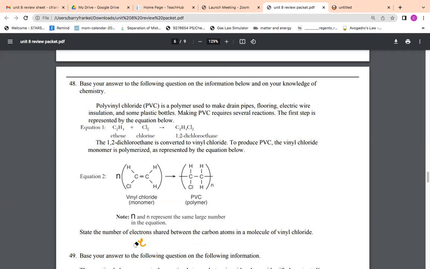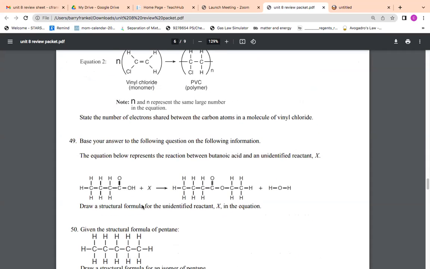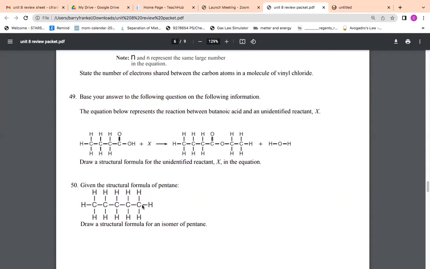Okey-doke. Number 49. All right, so they want us to draw a structural formula for the unidentified reactant X in the equation. So this is an esterification reaction, okay? I know it's an esterification reaction because I can see here that I'm starting off with butanoic acid.